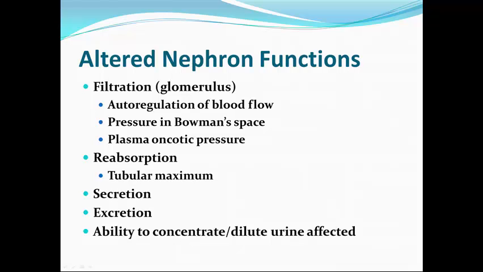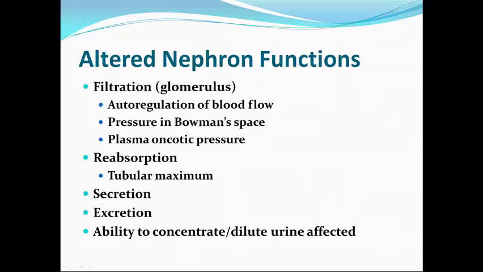We also need to be concerned with the pressure in Bowman's space. Bowman's space is that small space between the outer part of the glomerulus itself and the Bowman's capsule. Bowman's space is essentially the beginning of the tubular mechanism.